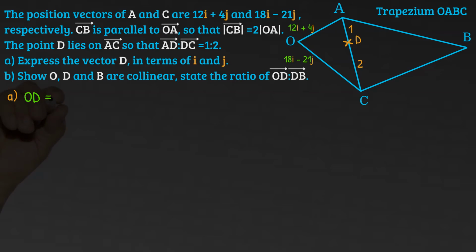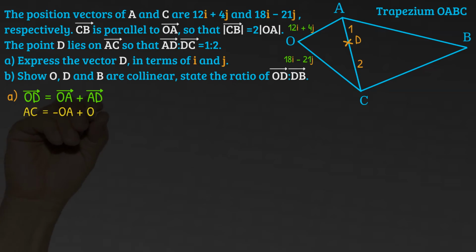Well, OD is equal to OA plus AD, and AD is along the vector AC, so we'll have to find an expression for AC first. To get an expression for AC, we have to go along the vector OA, but in the opposite direction. So it's minus OA plus OC.